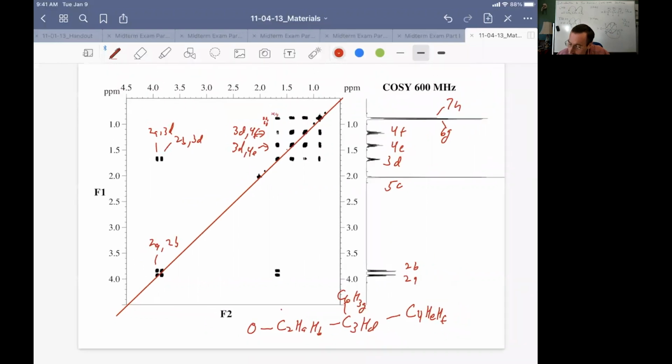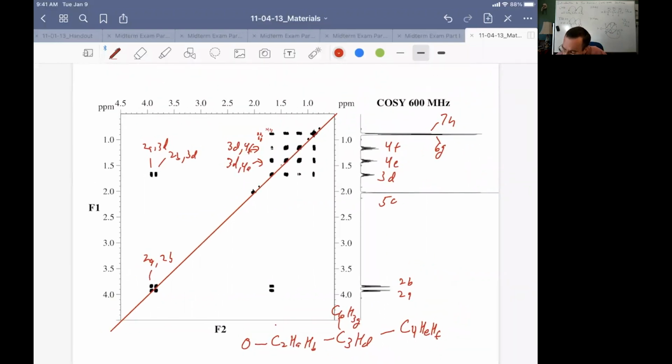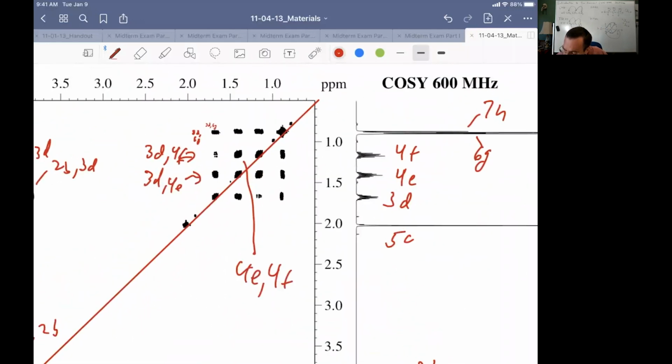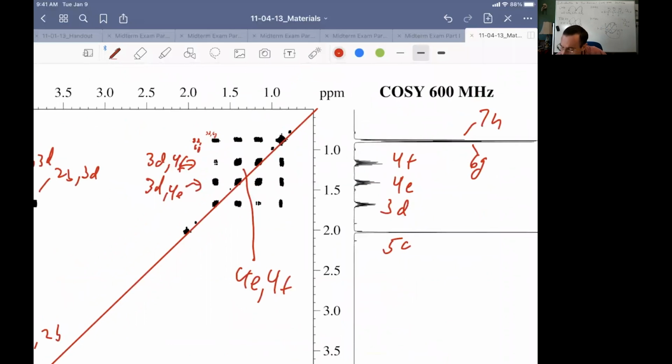And let's continue now. We go over to this cross peak here, and we get 4E with 4F. That's not particularly useful because that's our diastereotopic protons. And finally, we come over here, and now we've got 4E with 7H.